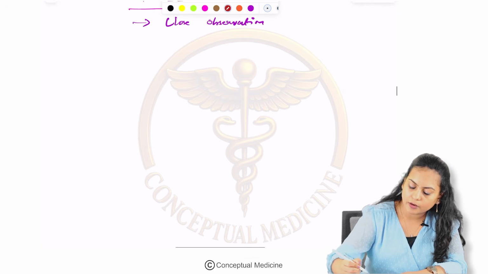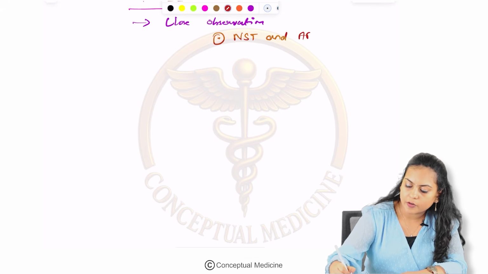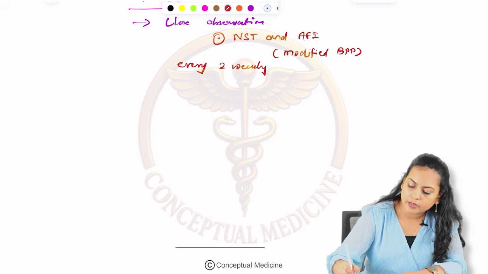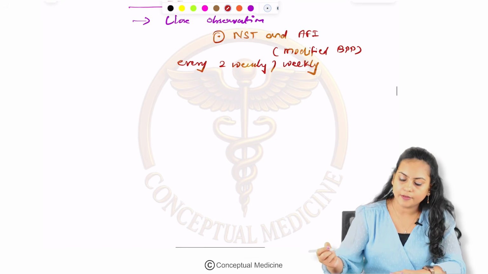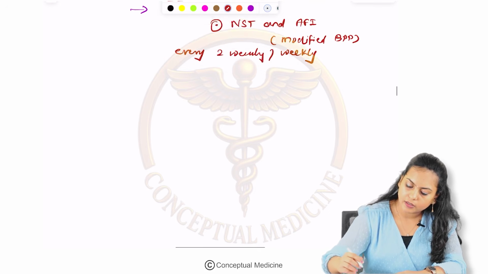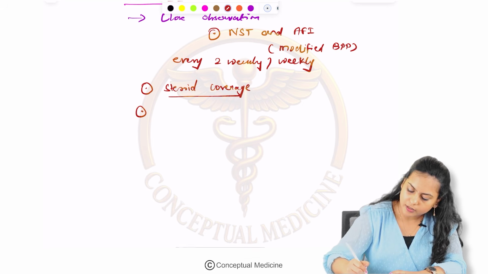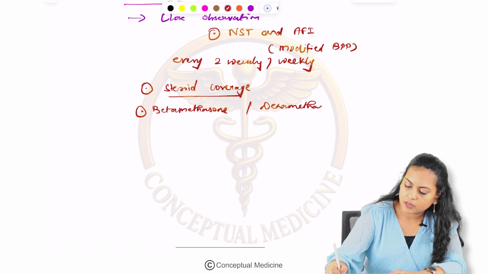Okay, that you can do it by performing non-stress test and amniotic fluid index, which is basically the modified biophysical profile every 2 weeks, or even if needed weekly, and you can give them steroid coverage, okay, either by betamethasone or dexamethasone.